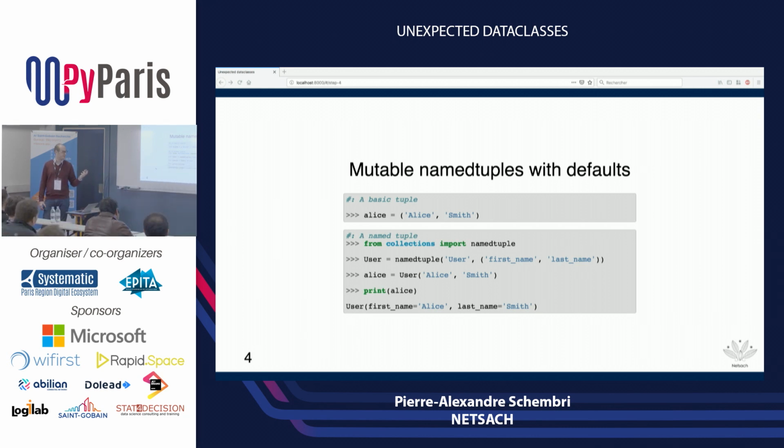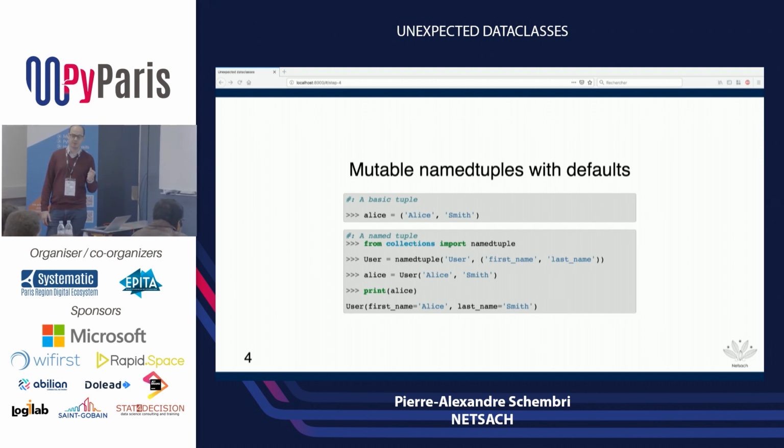It's like a tuple, and it is a tuple, but it's named. So you can tie some information about what is the field name. So if we want to create a user using a named tuple, we say, okay, it's a user, it has a first name and a last name. And we create Alice, that is the user, and we can print out Alice, like that. As it is a tuple, or a named tuple, it's immutable. We cannot change that.